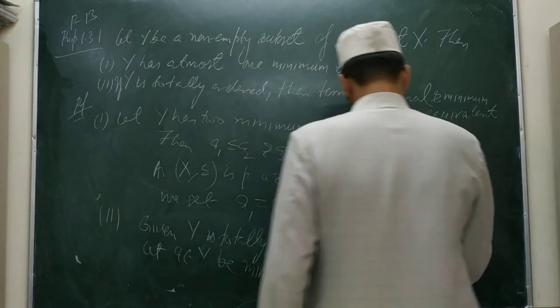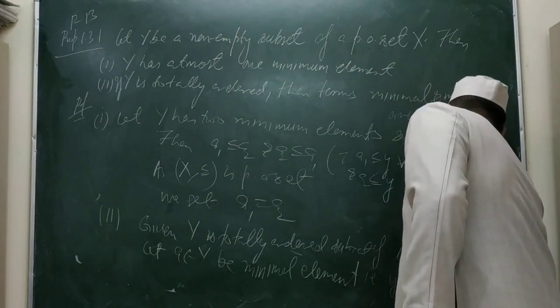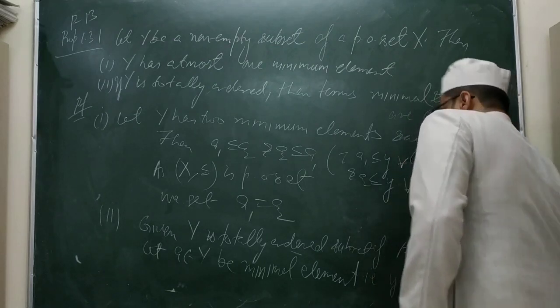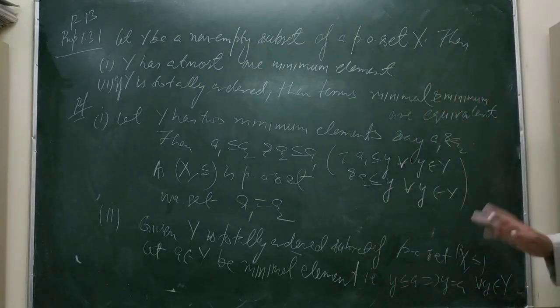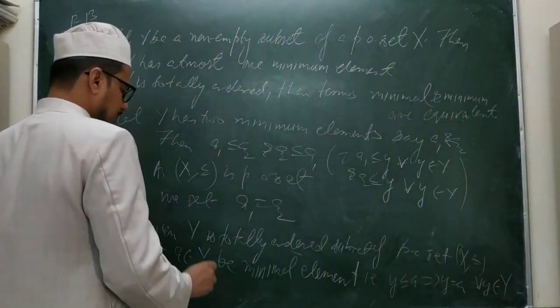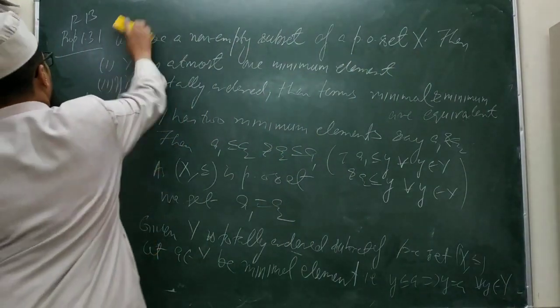That is, y less than or equal to A implies y equal to A for every y belongs to Y. This we have, correct? Now what we have to prove? We have to prove that this minimal element is minimum. Claim is what? A is minimum. So what is the claim?